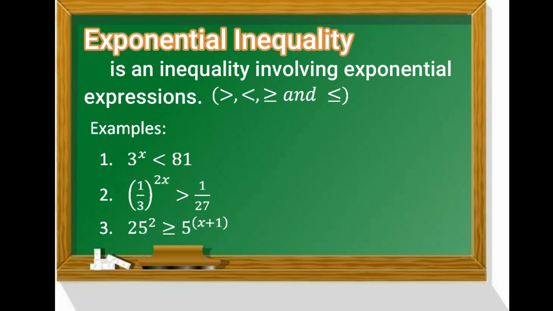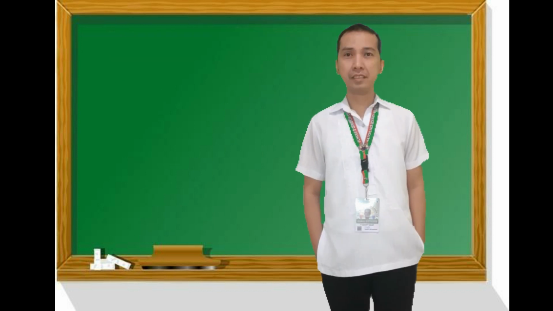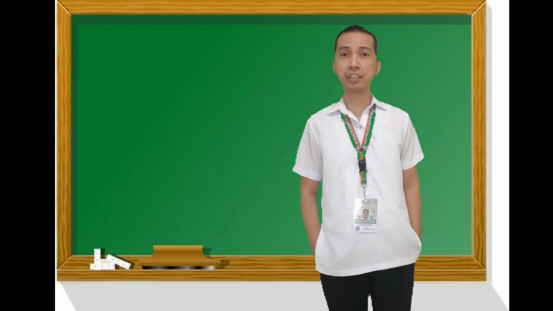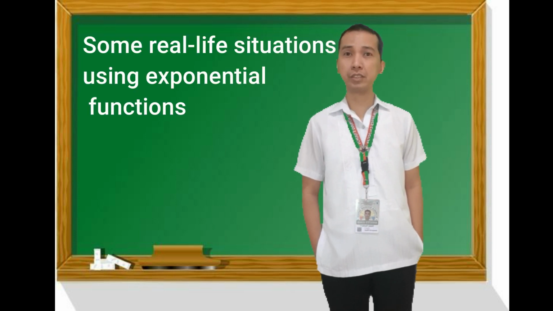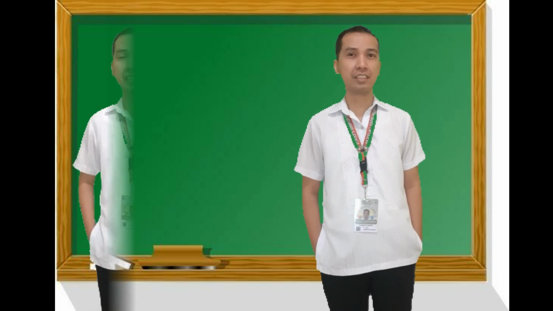Here are examples of exponential inequalities. Since you now know how to identify whether the given is an exponential function, exponential equation, or exponential inequality, let's move on with some real-life situations using exponential functions, and that is our second lesson.